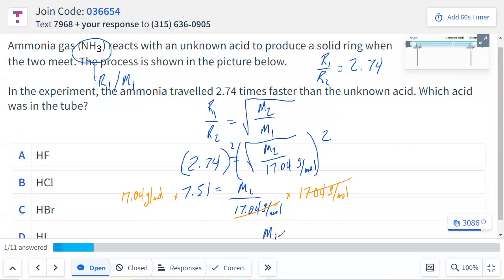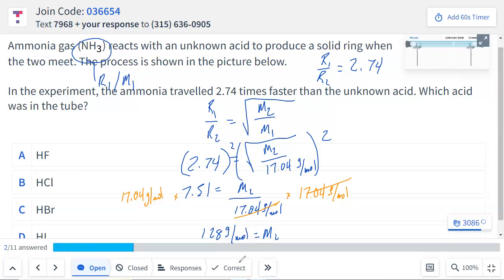So I've got M2 equals 17.04 times 7.51, which to 3 significant figures is 128 grams per mole. Now I look at my options.